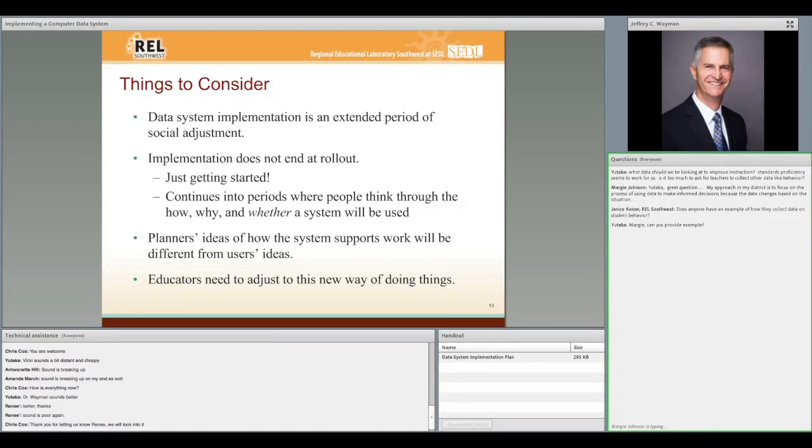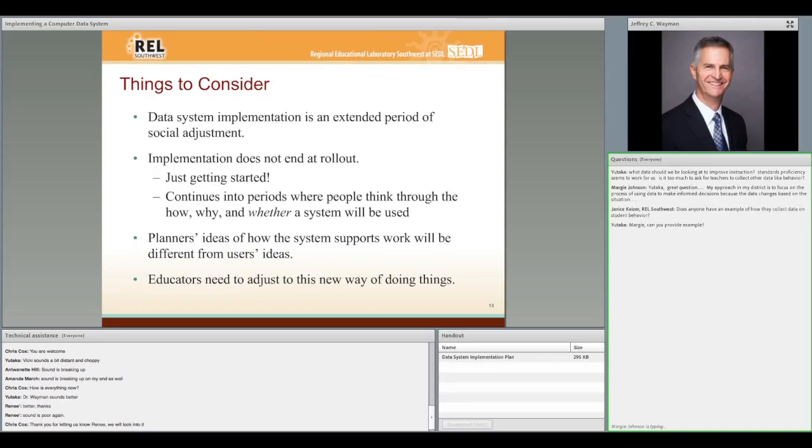The ideas that planners have about how this system will support people's work will be different from what the users have. It's a good thing to plan this out. Planners have to plan out an implementation and imagine what sorts of uses people are going to need, right? But just understand that while some of these will come true, some of them won't.